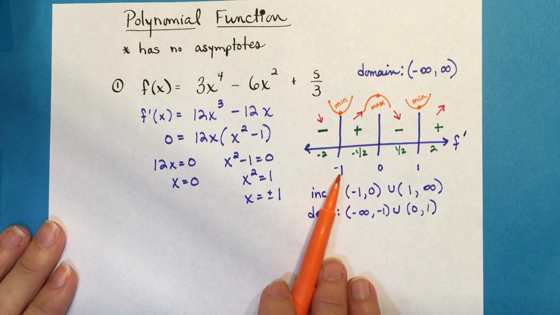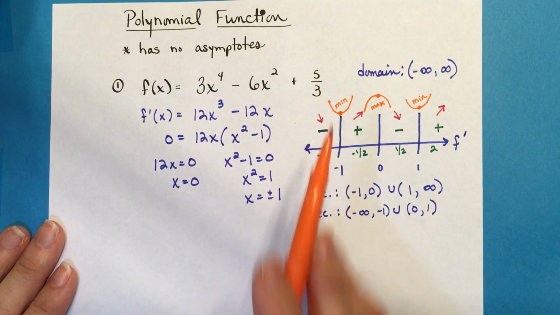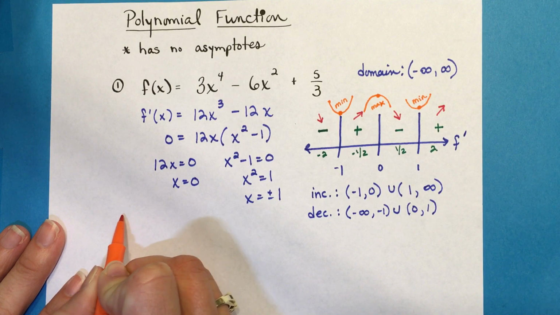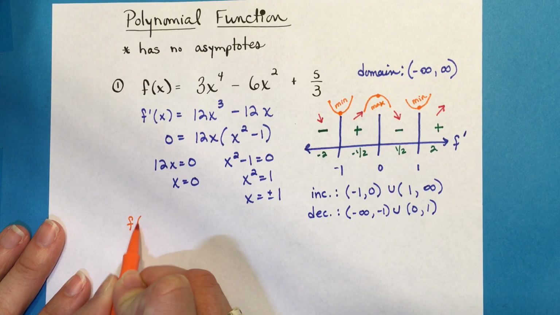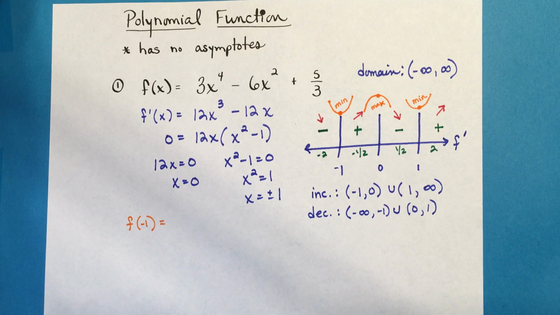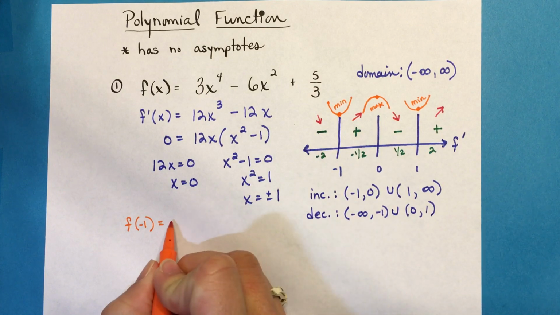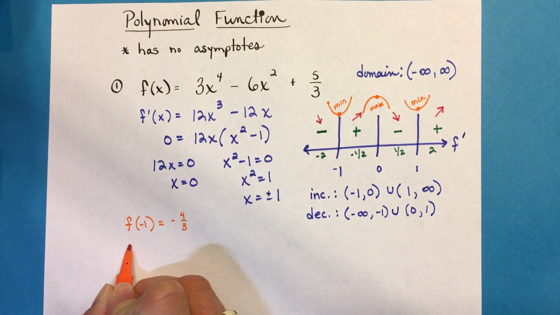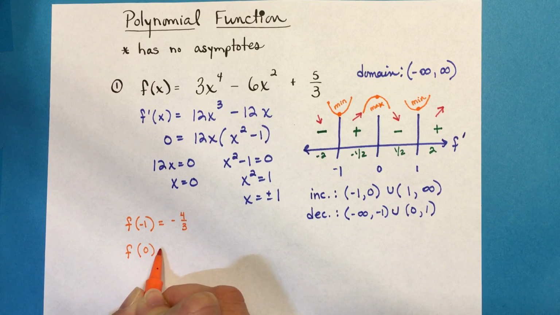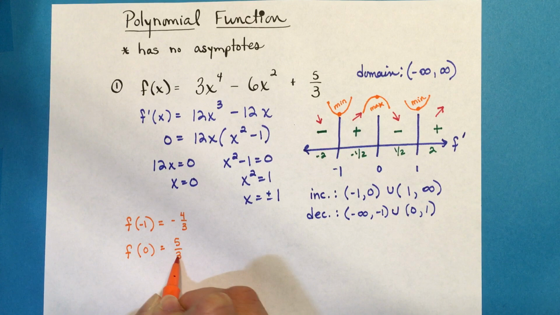So we need to locate those actual points because they are actual points on your graph. At the -1, 0, and the +1, we need to substitute those values back into the original function. Let's start with f of -1. If you substitute -1 here, you're going to end up with -4/3. If you substitute in 0, you're going to get 5/3.